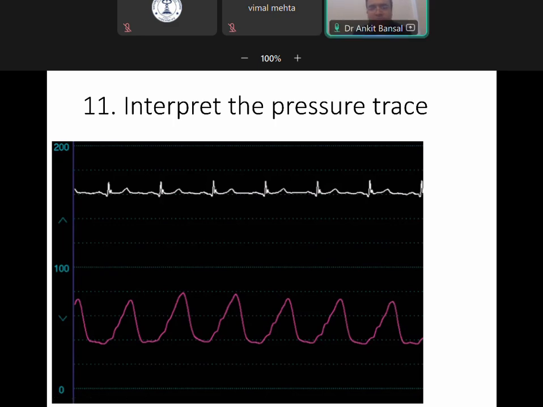Suppose I am saying this is aorta. So what is wrong in this pressure trace? This is the arterial pressure trace. What is wrong? Okay, somebody has given the correct answer.